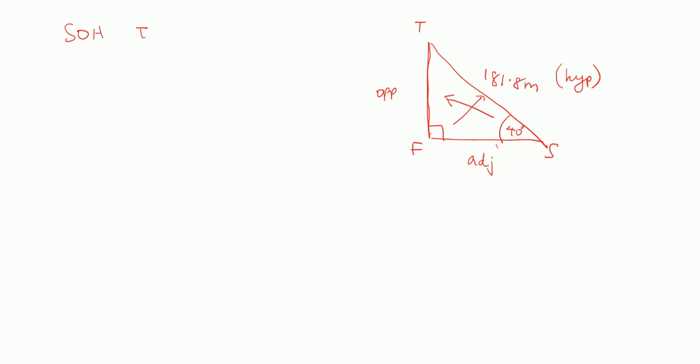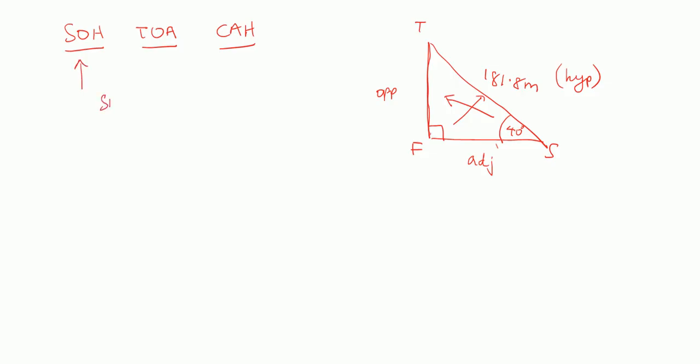Most students try to figure out what rule to use, and I always tell them, remember SOHCAHTOA. Sine is opposite over hypotenuse, tangent is opposite over adjacent, and cosine is adjacent over hypotenuse. In this question, we have the hypotenuse, we want to find the opposite, and we have the angle, so we have to use sine.